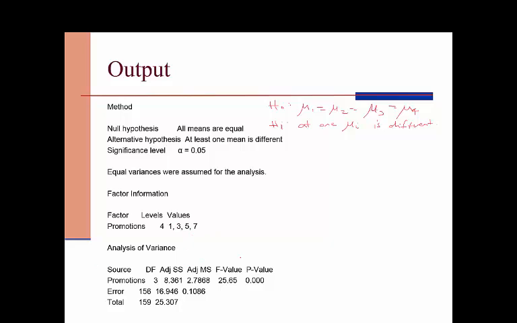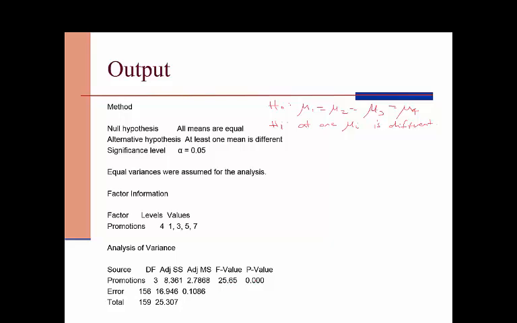And then it gives you the ANOVA table output. It tells you degrees of freedom is 3. Well, that makes sense because it's the number of levels minus 1. It tells you the sum of squares for the promotion, which is between the means, and then error, which is within the groups, right? It tells you MS values and tells you the F value. 2.7 divided by 0.1 is about 25.65.